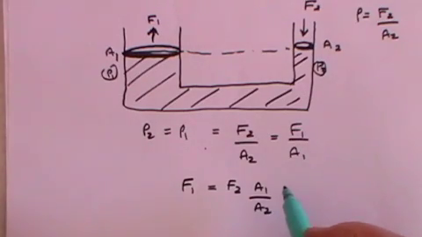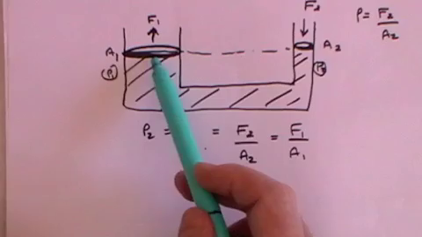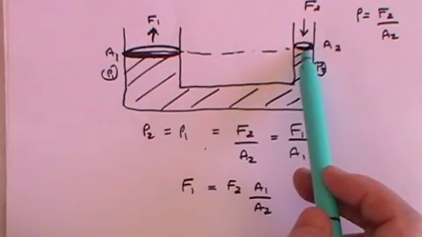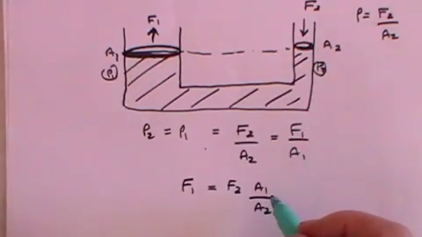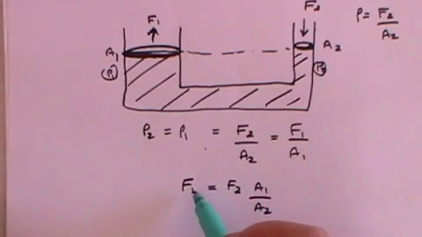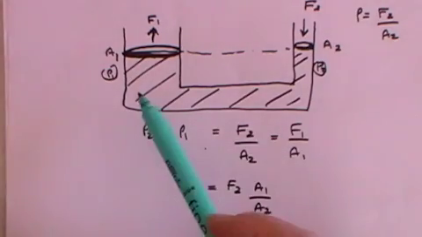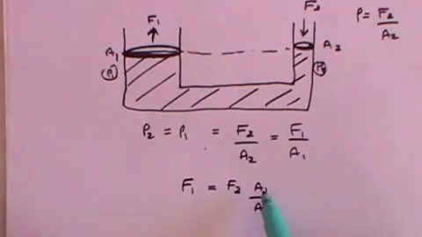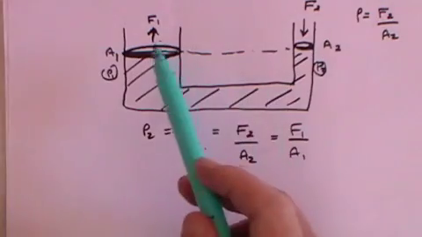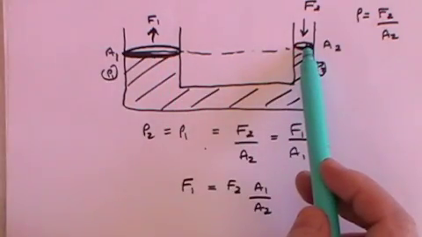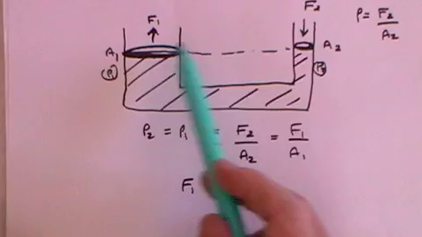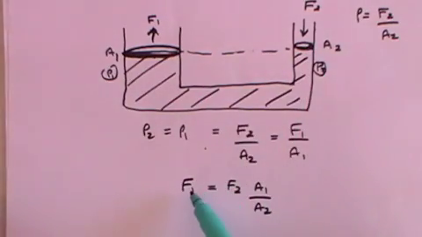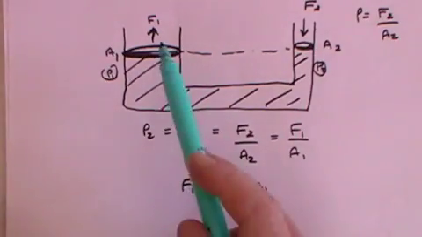And what you can see from that is that since A1 is much larger than A2, the force that you will get pushing up is much greater than F2, because F2 is multiplied by A1 over A2. A1 over A2 is a number much bigger than 1, so you get a much bigger force pushing up.